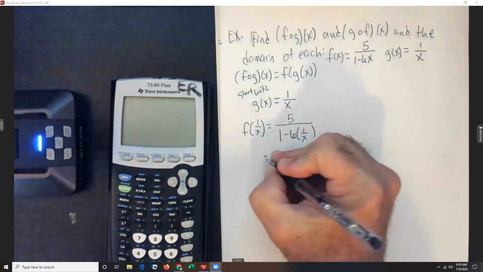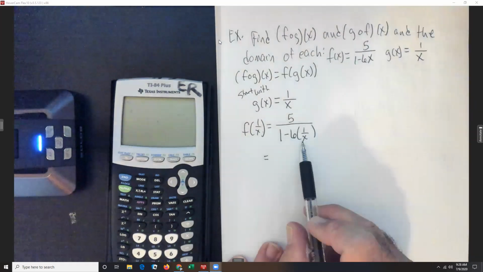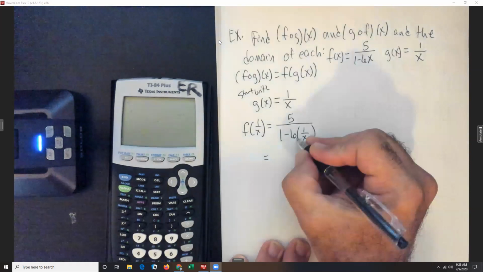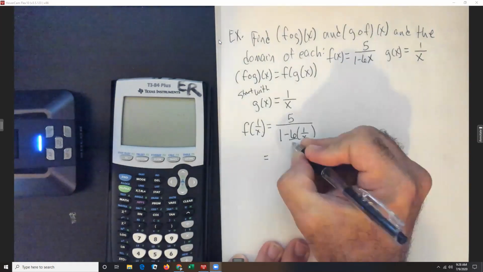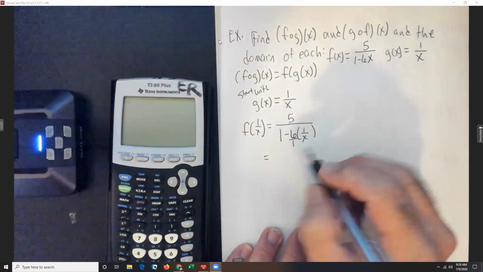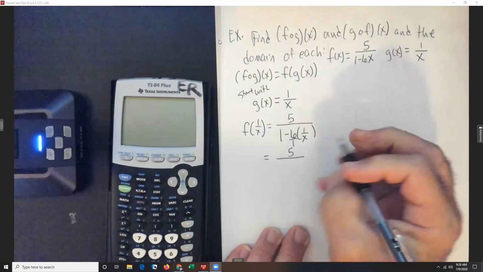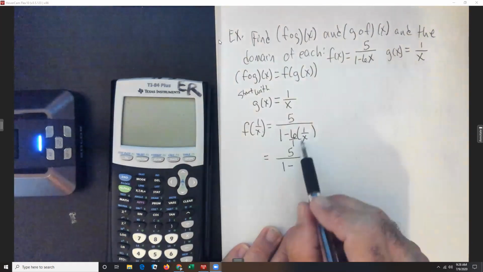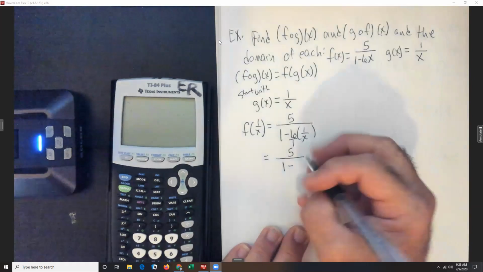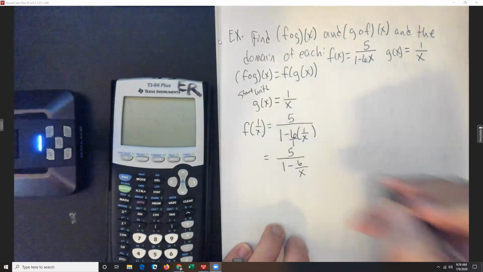first thing to do to simplify this bottom, since that's a 6 and I got a fraction, I'm simply just going to put a 1 under the 6 so that when I multiply that, I get my 5 on top. The bottom will be 1 minus, if I multiply this together, 6 times 1 is 6 on the top. 1 times x is an x on the bottom.